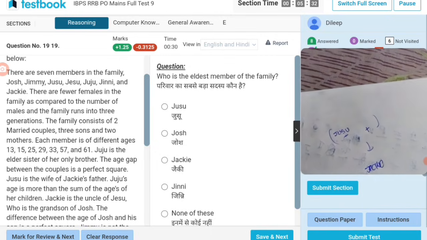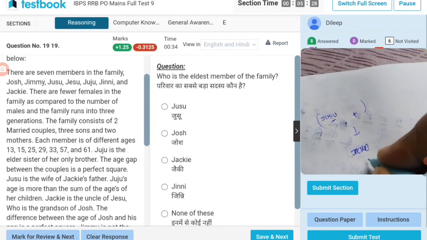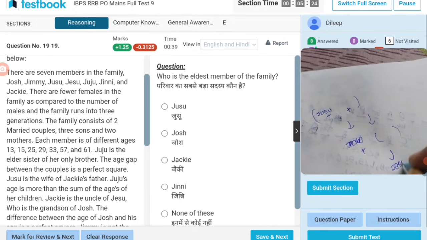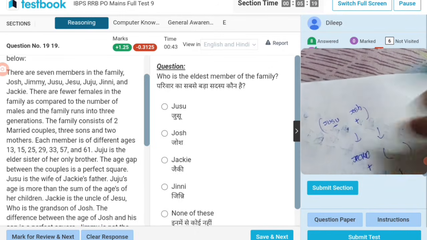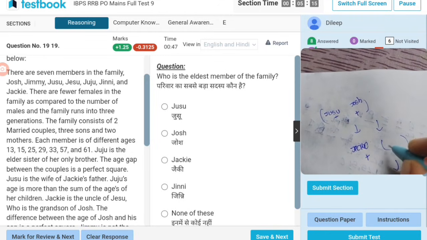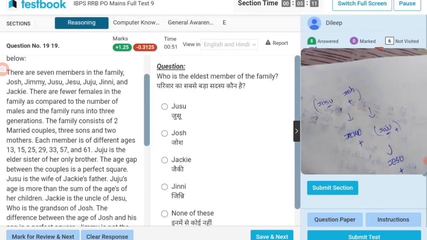Juju's age is more than the sum of her children. So Jackie is uncle of Jeshu, who is grandson of Josh. So Juju is elder sister.